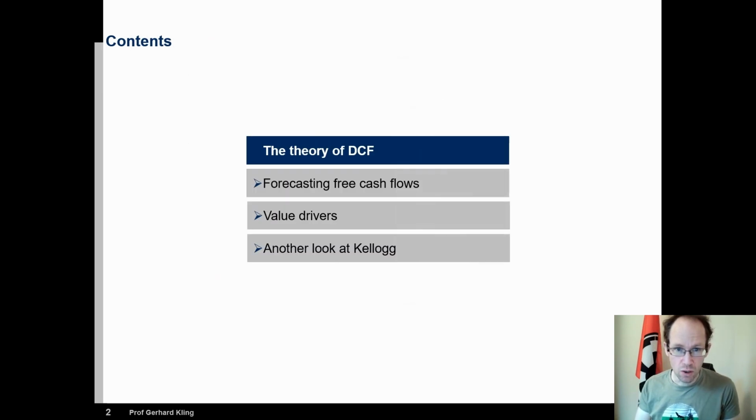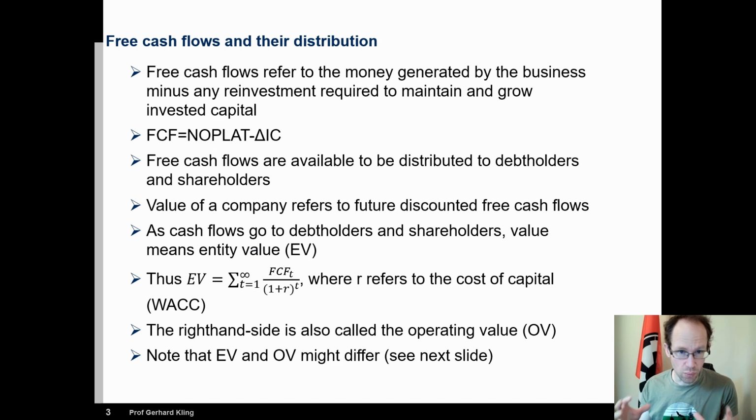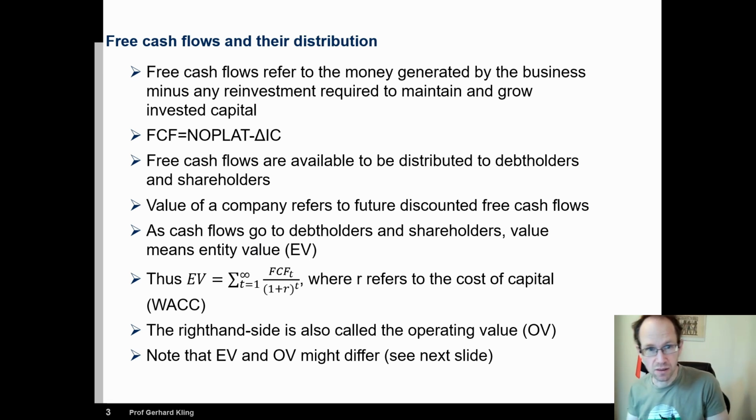Now let me look into the different components of value and again remind us about the free cash flows. As discussed before, in terms of our analysis, we have now discussed the money that comes out of a business in terms of its operations, which we call the NOPLAT, or the net operating profit less adjusted taxes. Now this gives us a useful measure to understand operations.